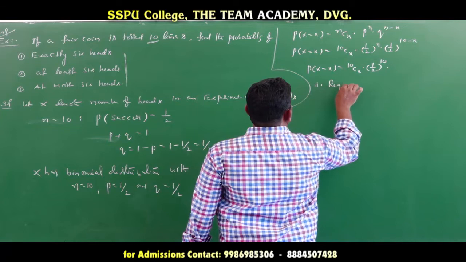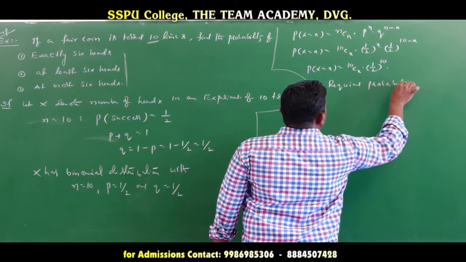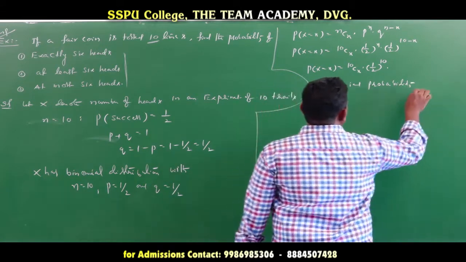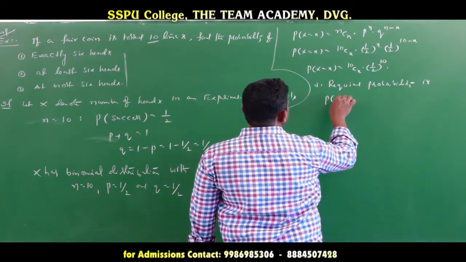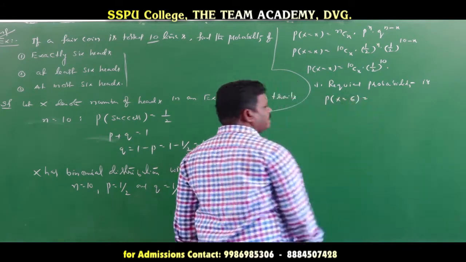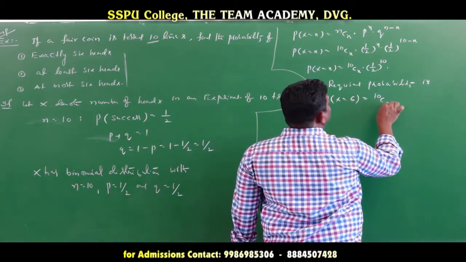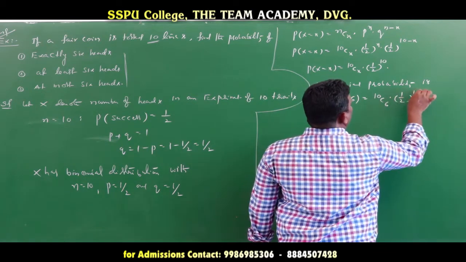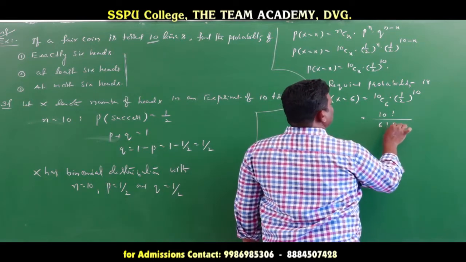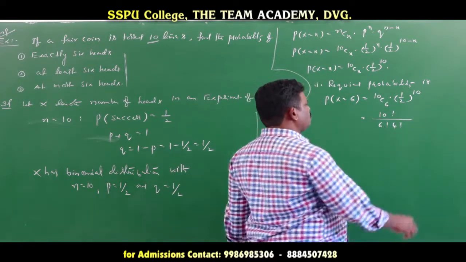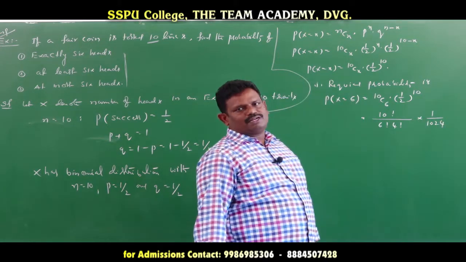Now, first, the required probability. The required probability is the probability of exactly 6 heads, which means X is equal to 6. So 10C6 into 1 by 2 whole power 10. By the nCr formula, 10 factorial by 6 factorial into 10 minus 6, that is 4 factorial, into 1 by 1024. Why? 2 power 10 is 1024.